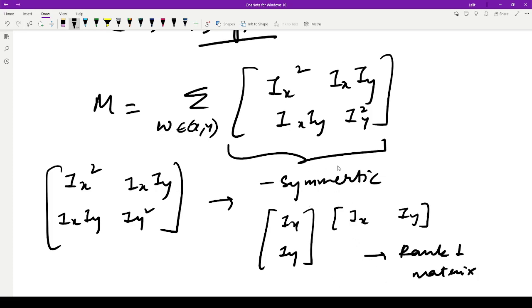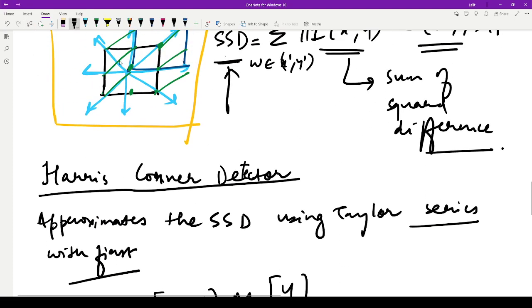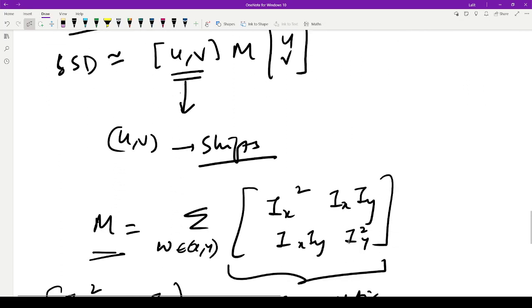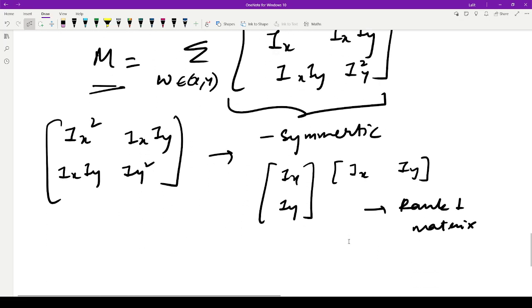So we are adding rank one matrices and then summing it to get this matrix M, which defines the patch around the center pixel. Then you can use this matrix to define whether your center pixel is a corner or not.